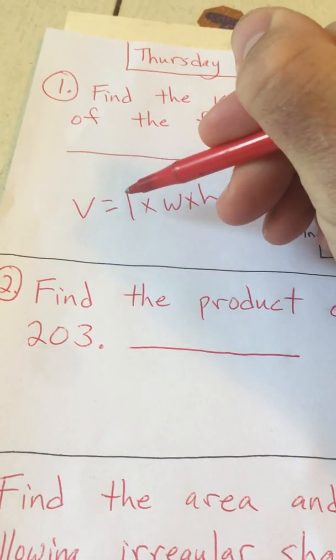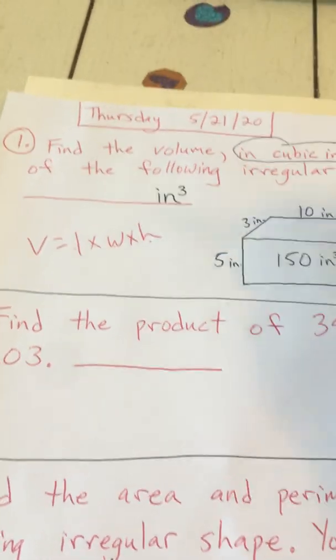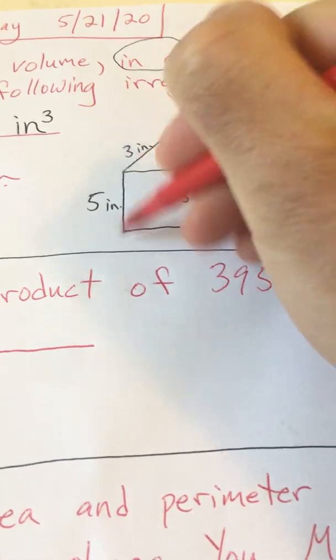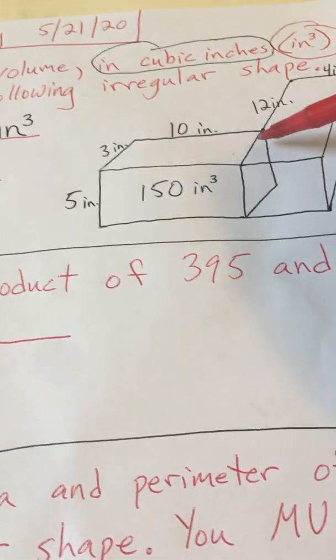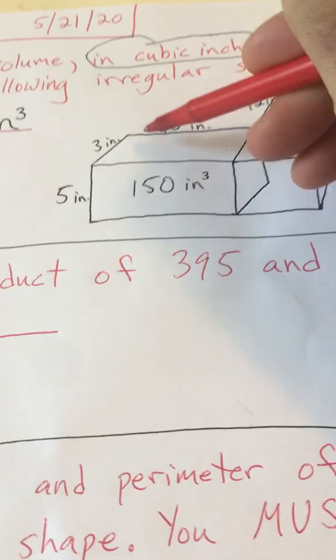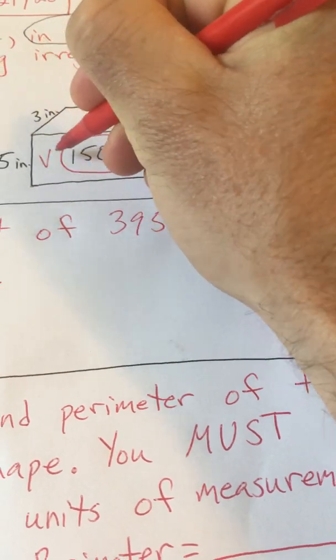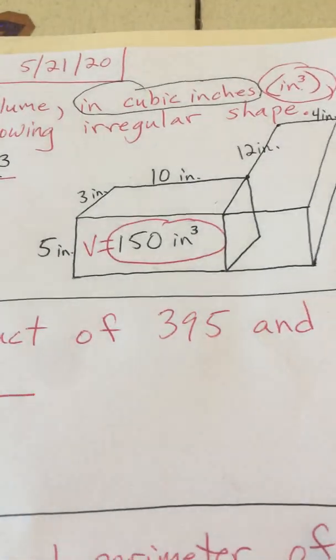So there's 3 dimensions, inches times inches times inches. So our answer is going to be in cubic inches, or inches cubed. So we have 5 times 3 is 15. So that's the height, the width, and the length here. So 5 times 3 is 15, times 10 is 150 inches cubed.